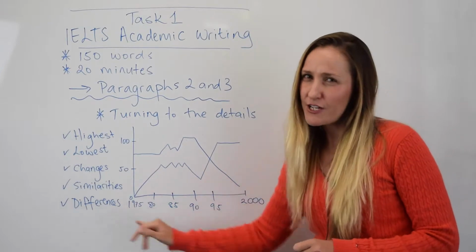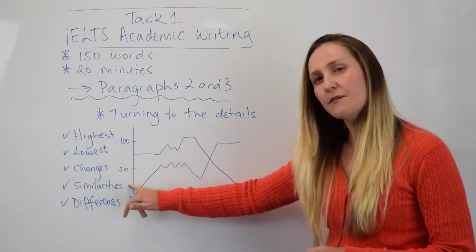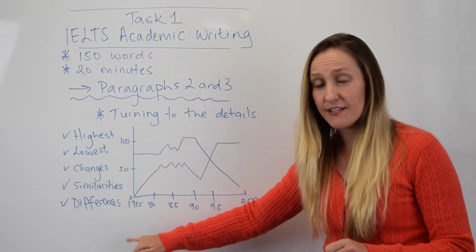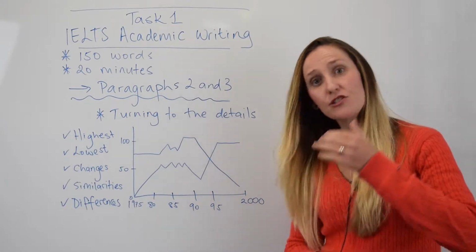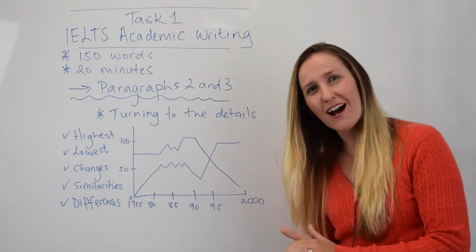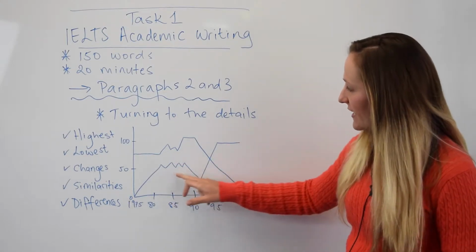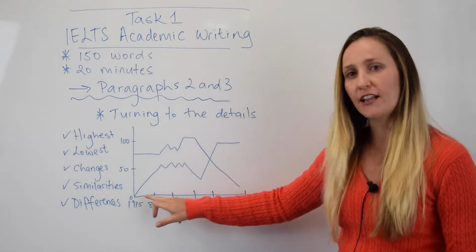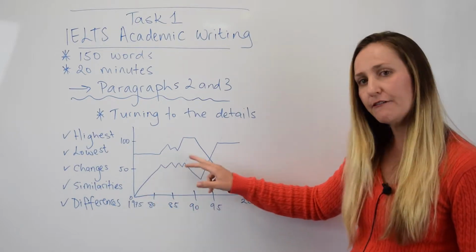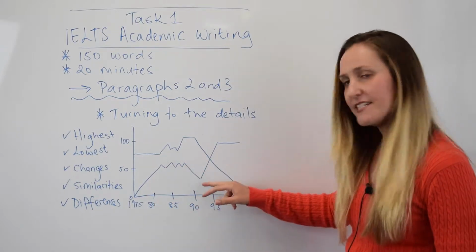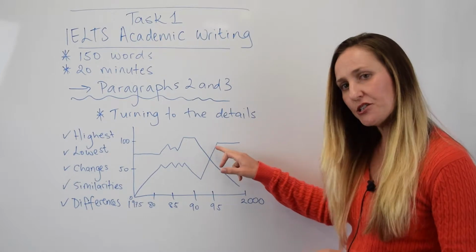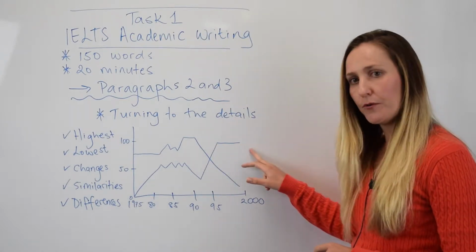The final thing that you're going to talk about is some similarities and differences, because in the question, you're asked to compare and contrast the data. So if you look at this first line here, it starts very low, it has a period of fluctuation, it has a dip, a significant increase, and then a plateau.